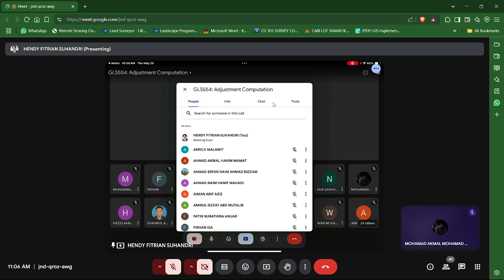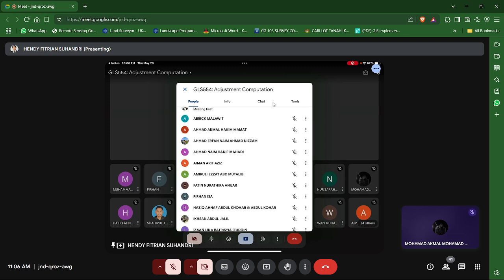A equals P times L. Siapa yang boleh jawab? Ahmad Naim. Firhan Isa. Tak ada juga? Ada doktor. Jawab. Apa jawapan awak?